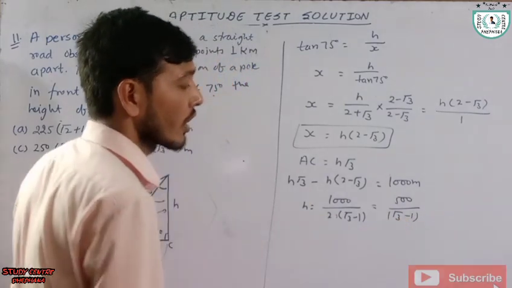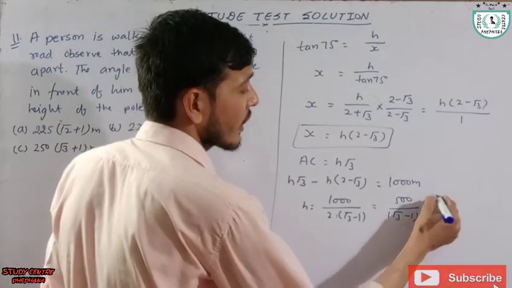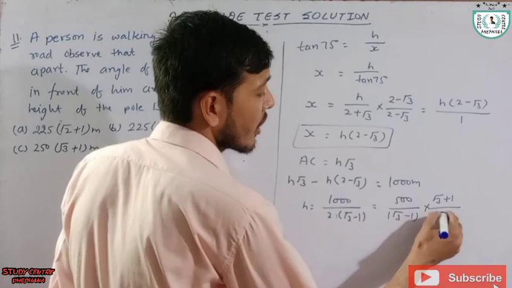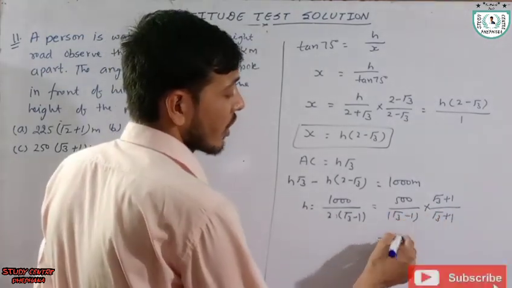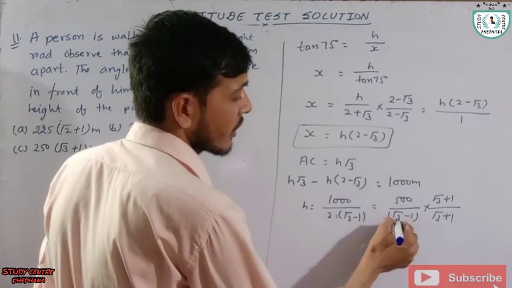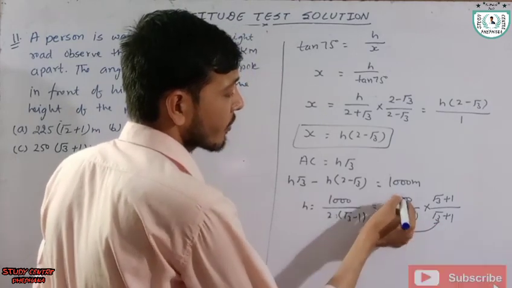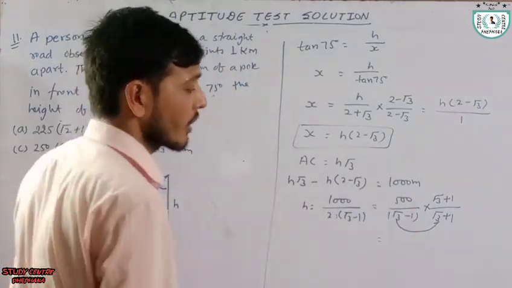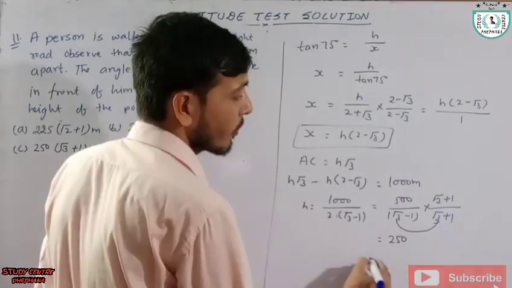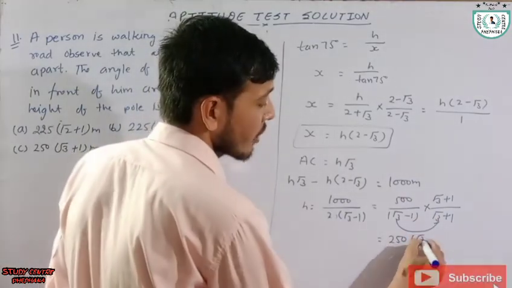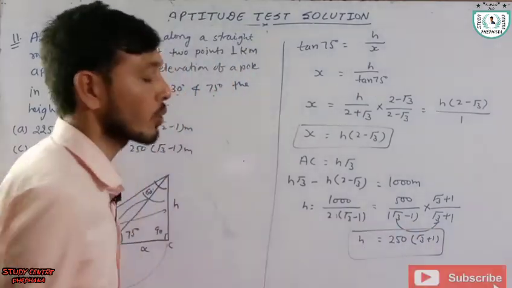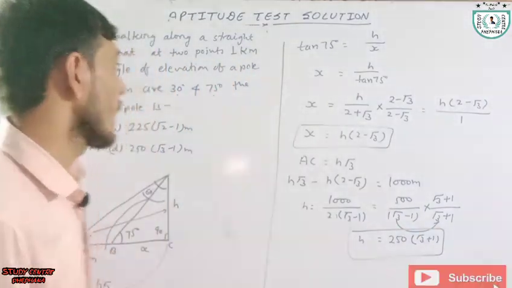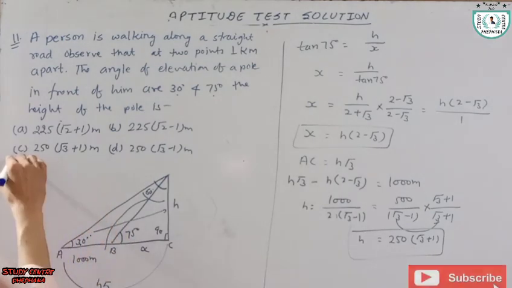After rationalization, multiplying by root 3 plus 1 upon root 3 plus 1, and solving this for h, the denominator is equal to 2. After dividing 500 by 2, we have 250 into root 3 plus 1. Hence the height of the pole is 250 into root 3 plus 1. Hence the correct answer is option C.